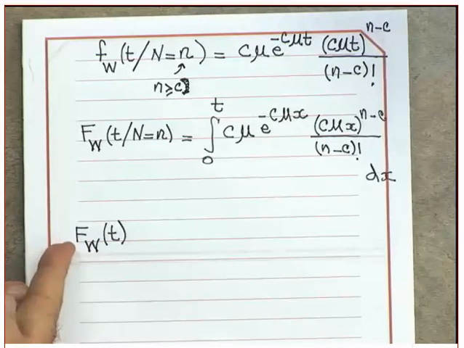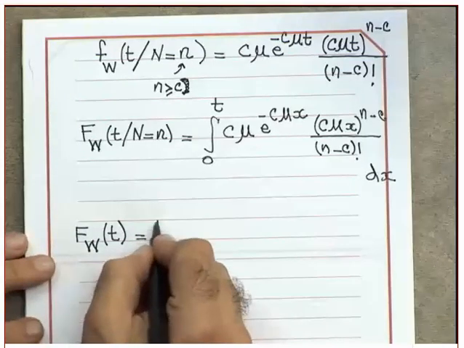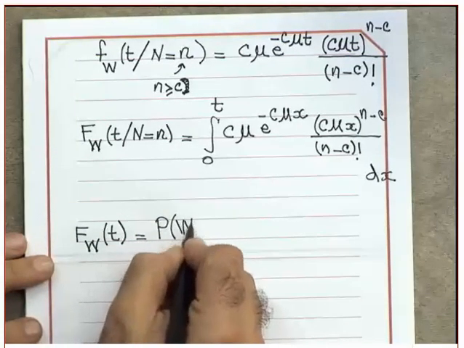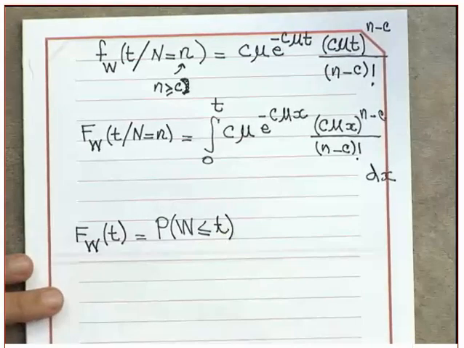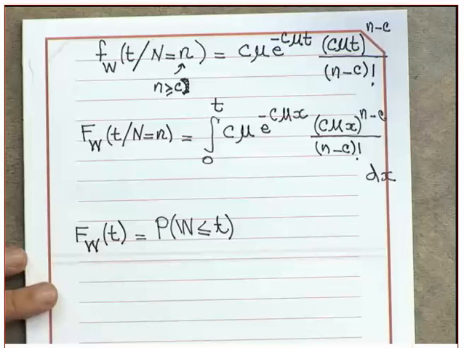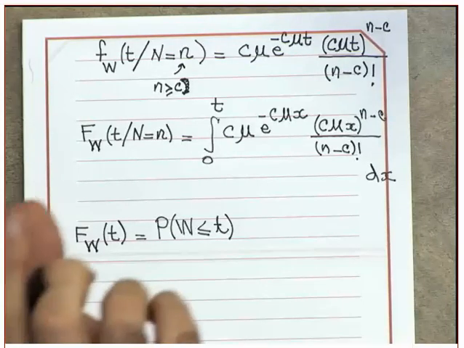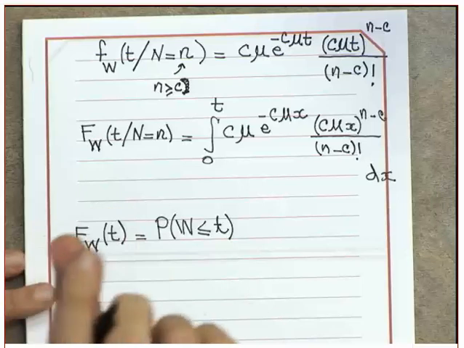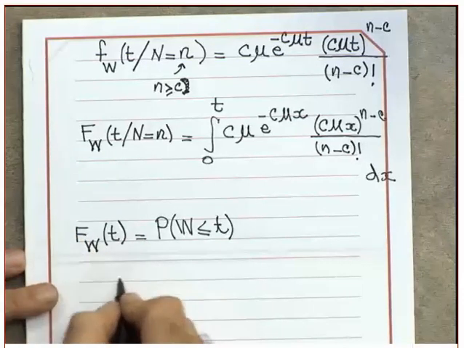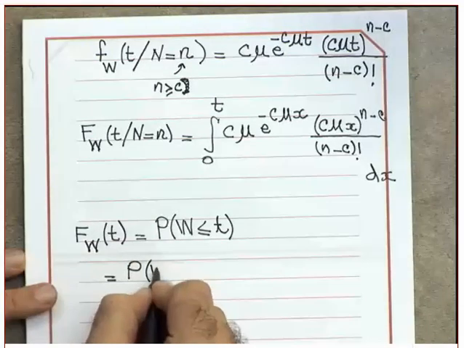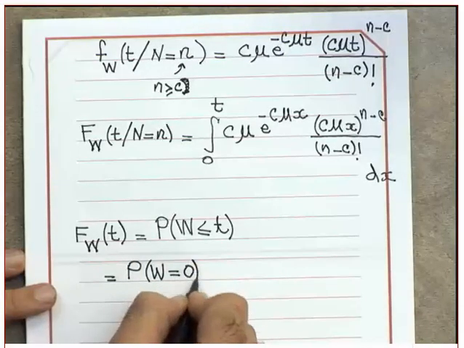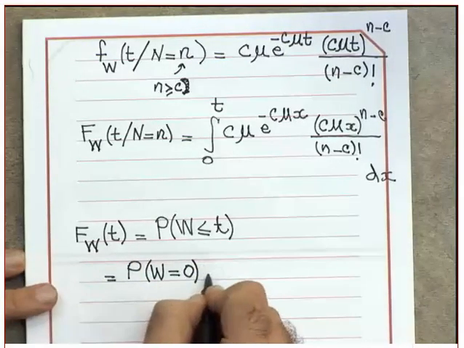Is this conditional? It's not conditional. What is this, first of all, by definition? It is the probability that W is less than or equal to t. Do you agree? That's by definition. Now, could W be equal to 0? W could be equal to 0, which means I will have a jump at t equal to 0. So it is equal to the probability that W equals 0, plus.